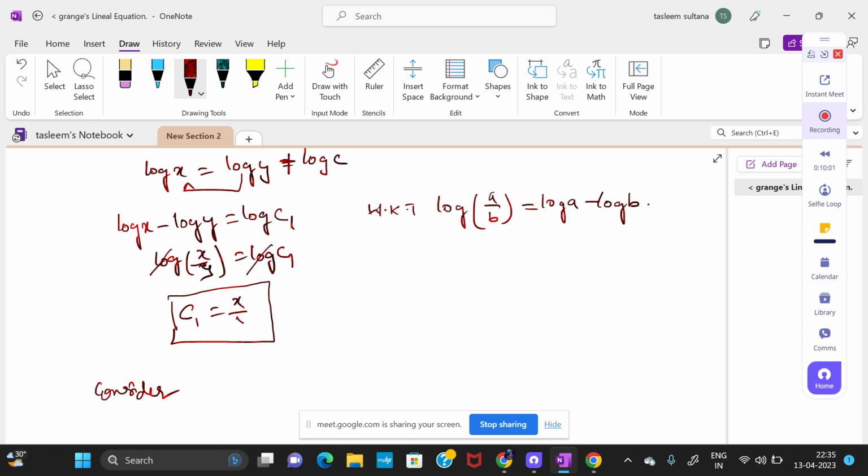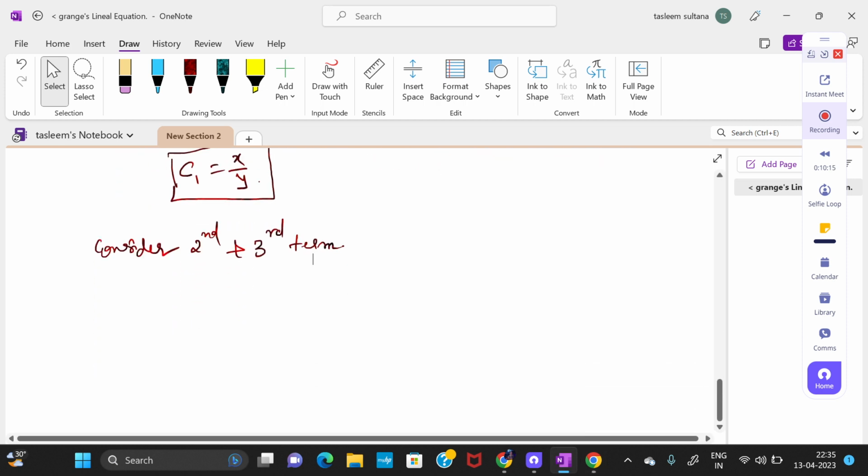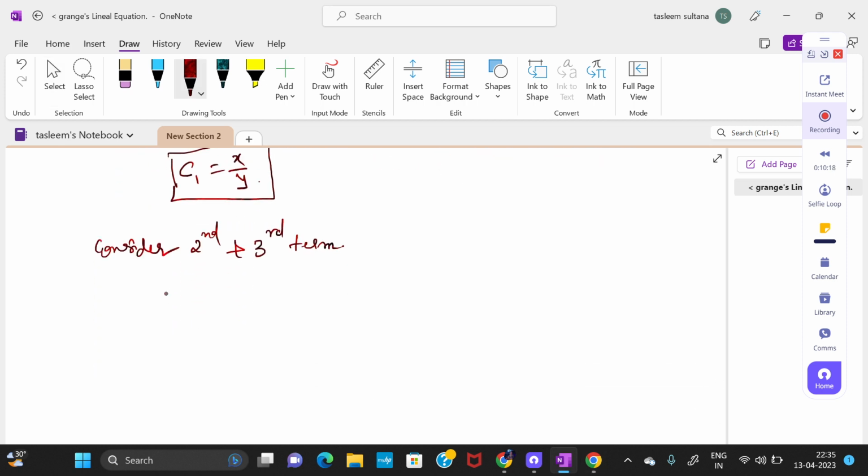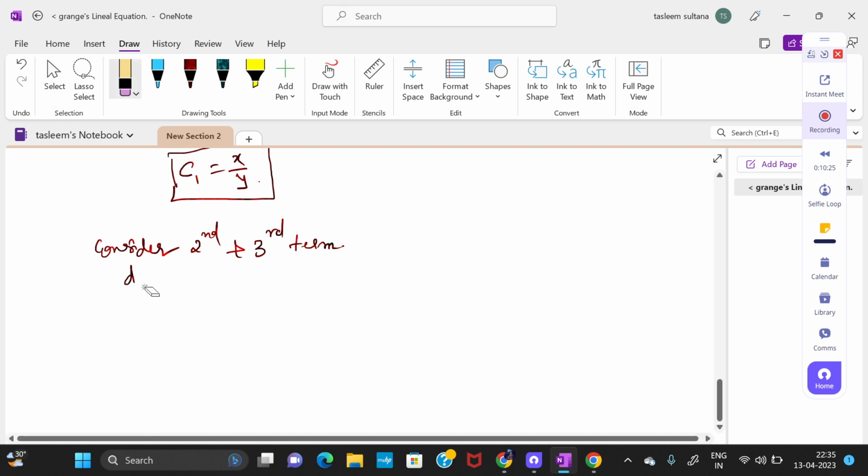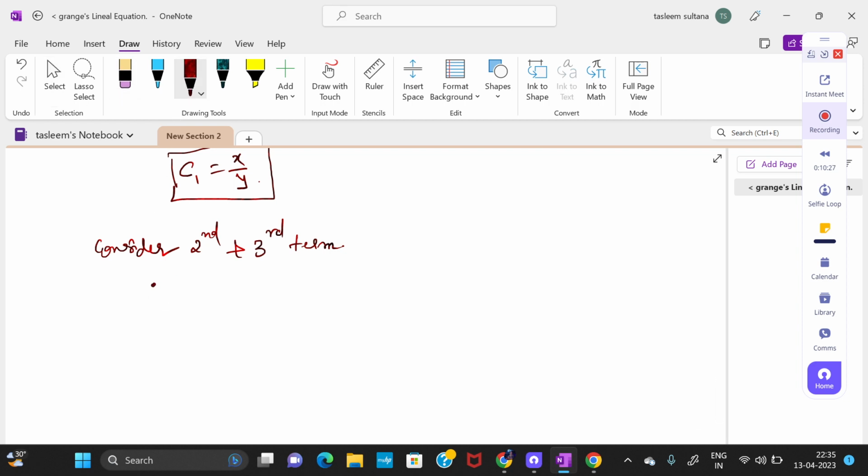Now consider the second and third term: dy by y is equal to dz by z.